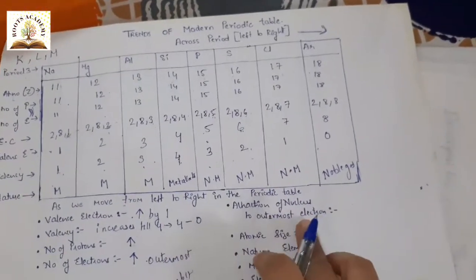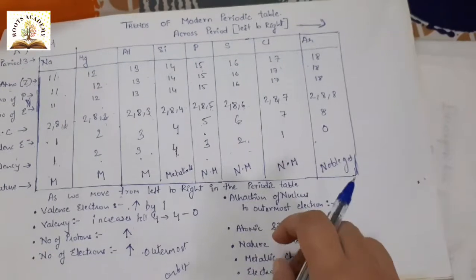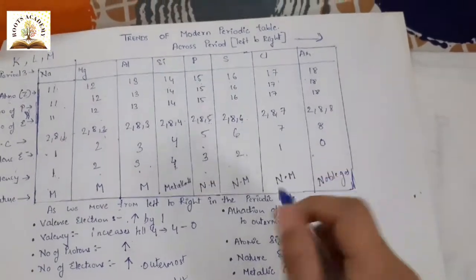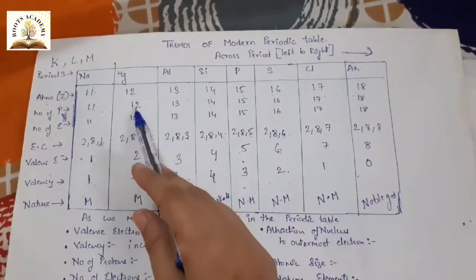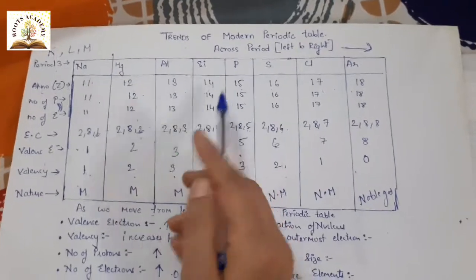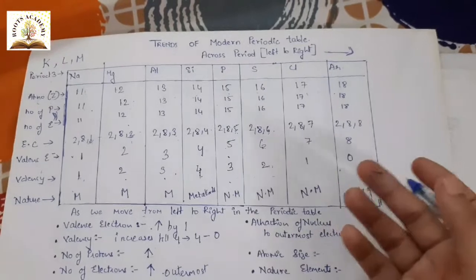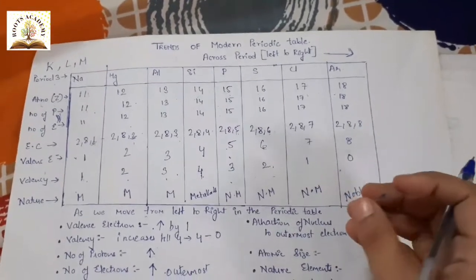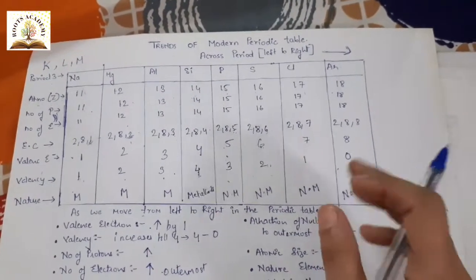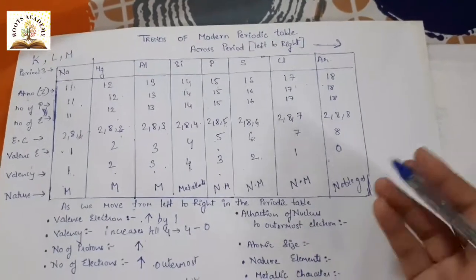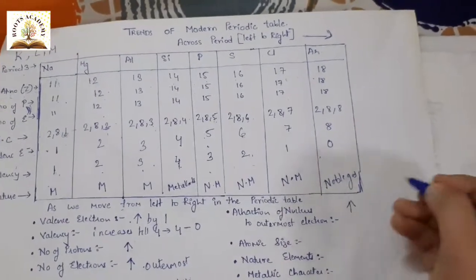Attraction of nucleus to the outermost electron. Now here comes the important thing. As you know, the number of protons is increasing and the number of electrons is increasing, so obviously the force of attraction of the nucleus to the outermost electron will increase. Why is it increasing?